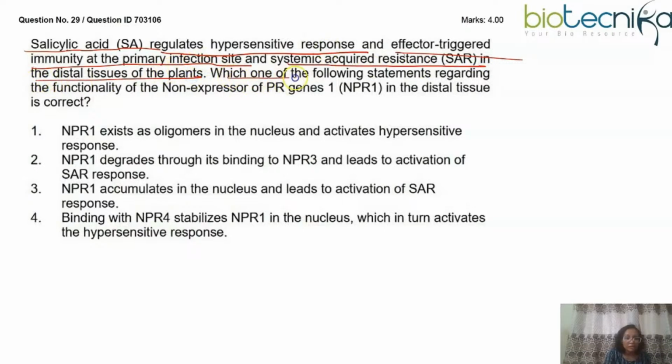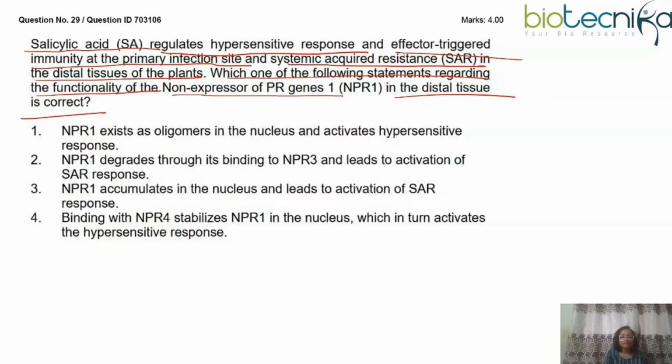Now, which one of the following statements regarding the functionality of NPR1, non-expressor of PR genes 1, in the distal tissue is correct? Again, it's not a combination of statements. 4 sentences are given. You have to find out which of those 4 is correct or true.